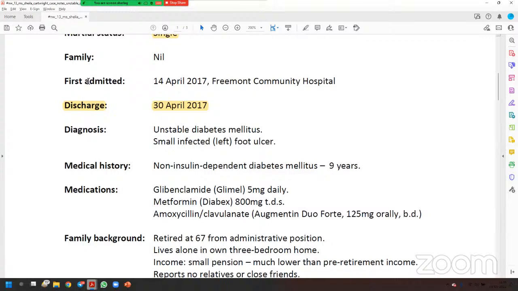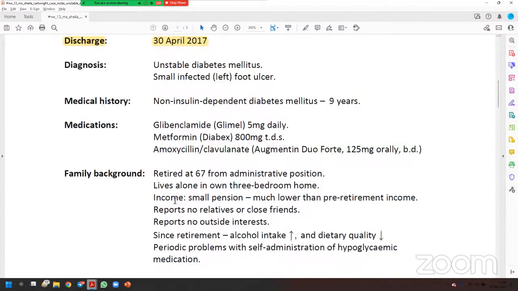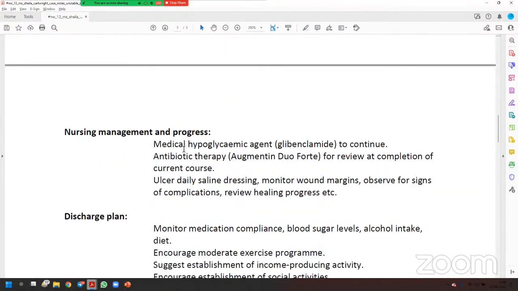Upon admission, you can say why she was admitted and what treatment was given. Nursing management and progress, these 2 things you can take. Then you can write about her personal history, social history, or whatever you want to write. Afterwards you can write the discharge plan.